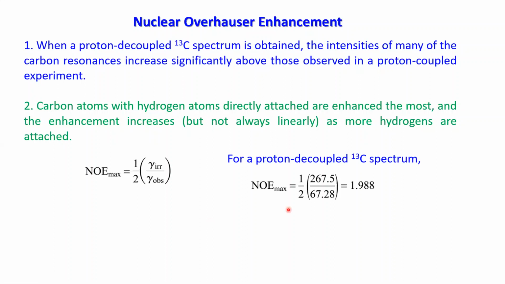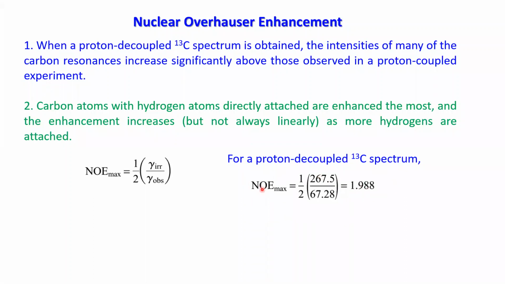If you do the calculation, the magnetogyric ratio of the proton is 267.5 and that of carbon is 67.28, giving around 2.